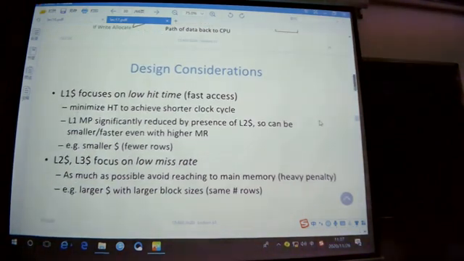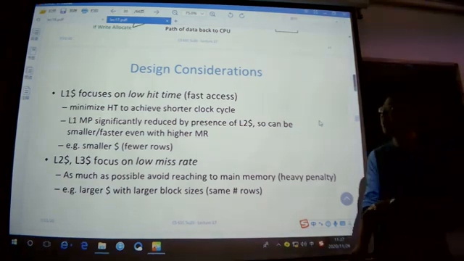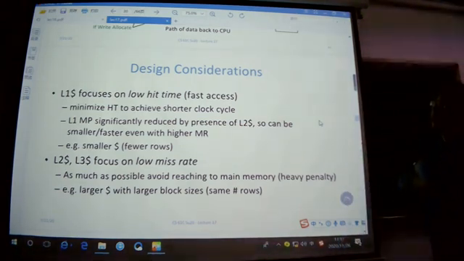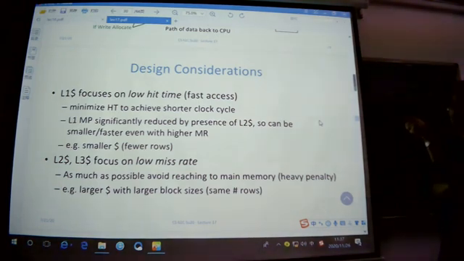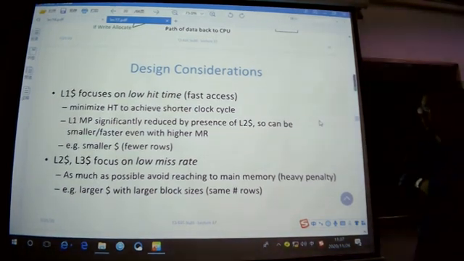Level 1 focuses on low hit time. Level 1 can minimize hit time to achieve a shorter clock cycle. Level 1 miss penalty, MP, is significantly reduced by the presence of level 2, so it can be smaller even with a higher MR, for example, smaller and fewer rows.